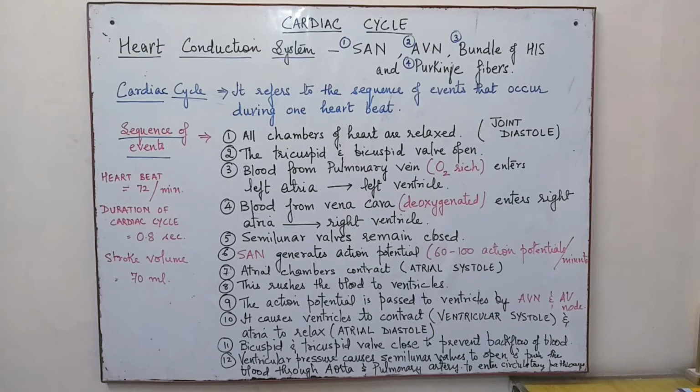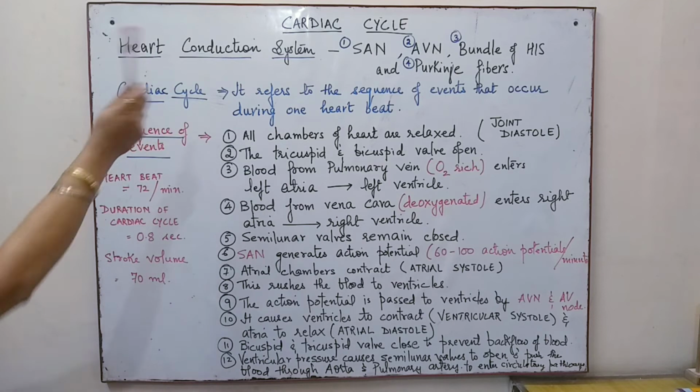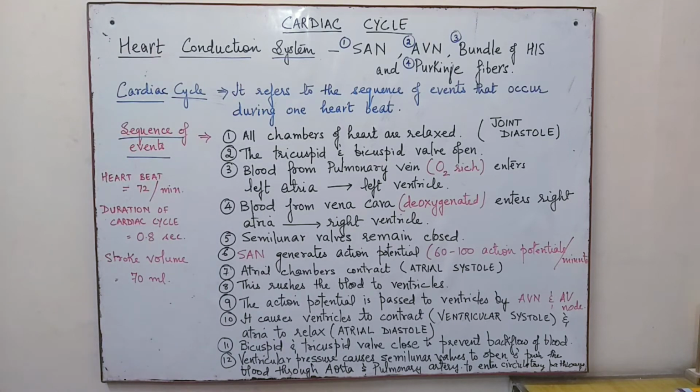In this video, we'll be talking about the cardiac cycle. In the previous video, I explained the structure of the heart to you, and we studied that the heart conduction system consists of the sinoatrial node, the atrioventricular node, the bundle of His and the Purkinje fibers.